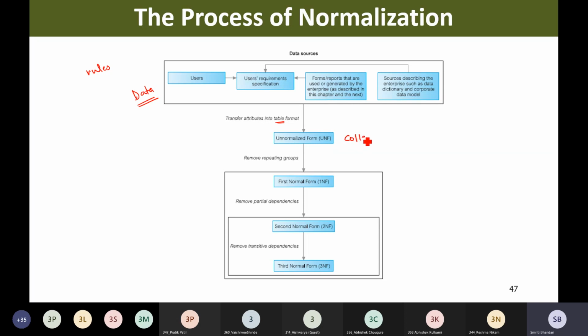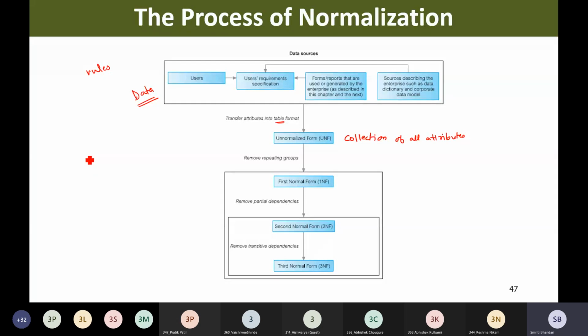So simply it is collection of all the attributes. Those are being used in the enterprise, and we are dumping all those attributes in a table, and we come up with this unnormalized form of database. Now, what we are going to do next is we are going to apply certain rules, and we may come up with the normalized version of the database.